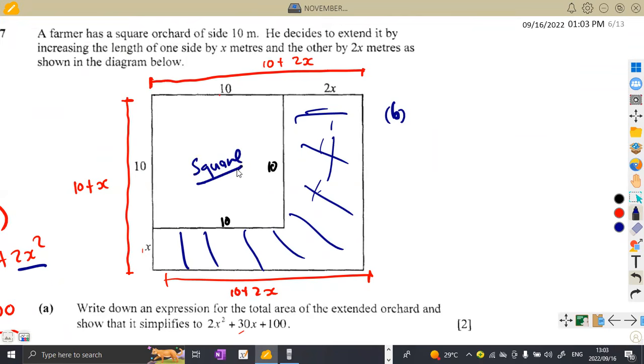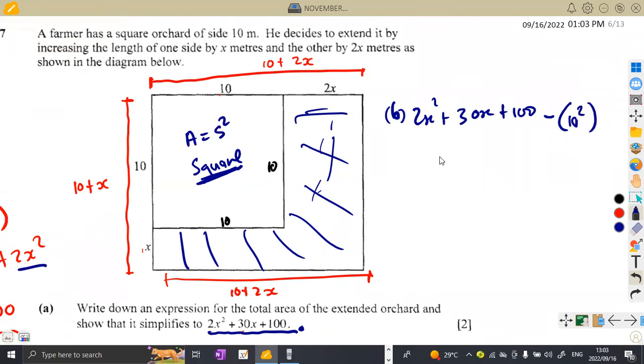So what are you going to simply do? We are going to subtract the area of the square from that extended area, which we simplified and gave us 2x squared plus 30x plus 100. The area of a square is side squared, or side times side, so it's 10 squared, which is 10 times 10.